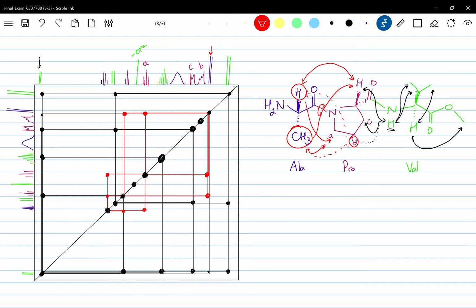So, with B, B is this one, and we can see B interacting with the alpha proton with just very small weak peaks, and B with this methyl also very small peaks here.